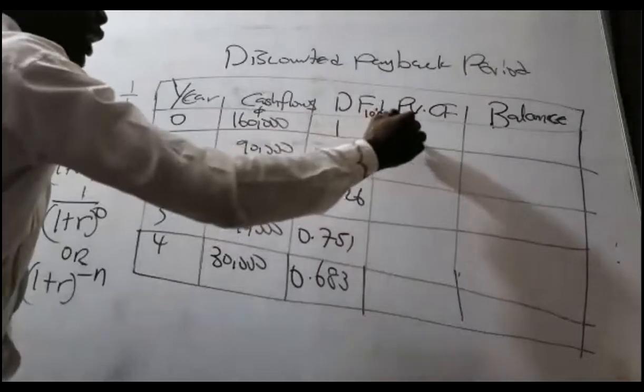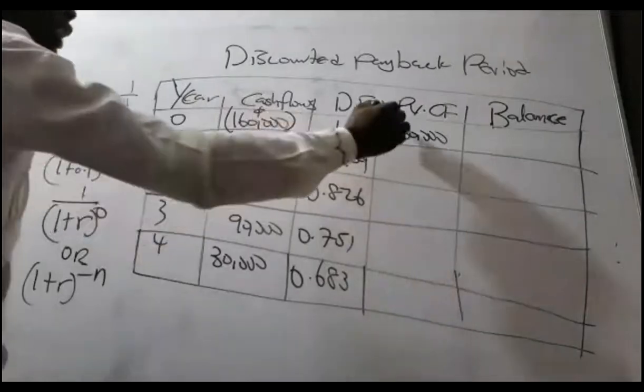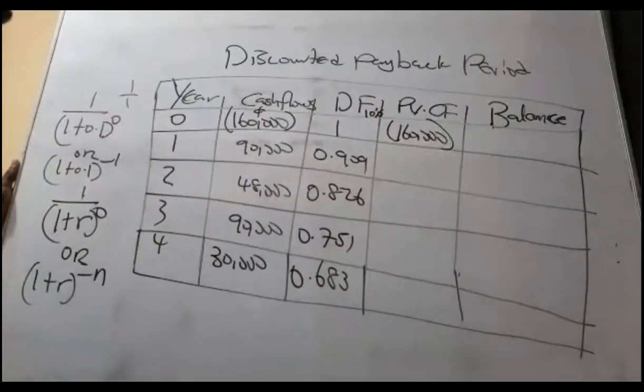It will be what? 160,000. Don't forget the first year, put it in brackets. So this by this, what will be the answer?